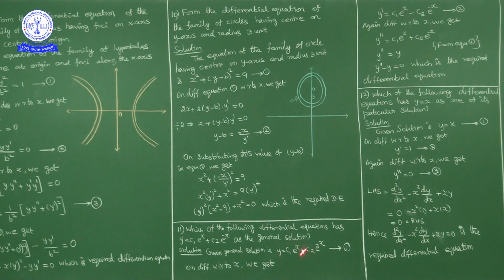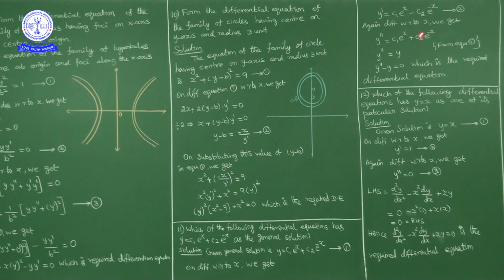Differentiating with respect to x, y dash is equal to c1 e power x plus c2 e power minus x derivative, which is minus e power minus x. So y dash is equal to c1 e power x minus c2 e power minus x.